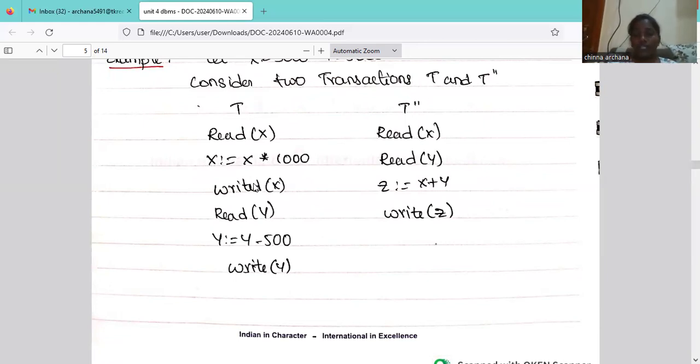So here the problem is, X value is changed in transaction T, and Y value is changed in transaction T.